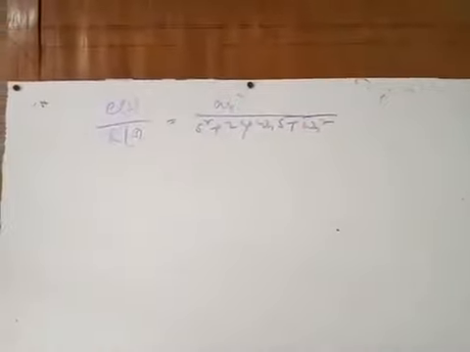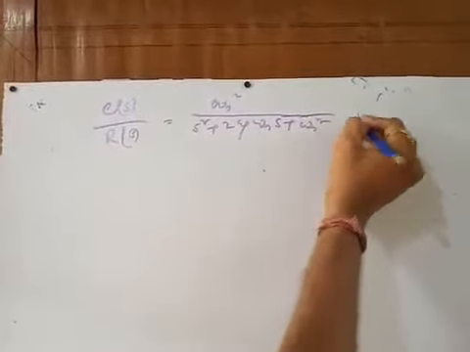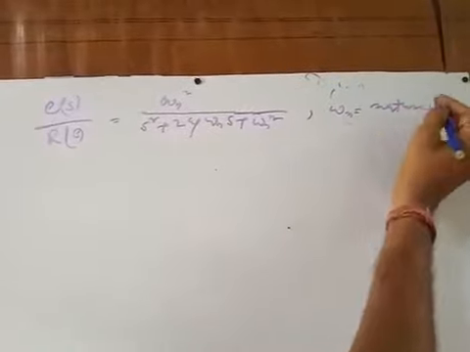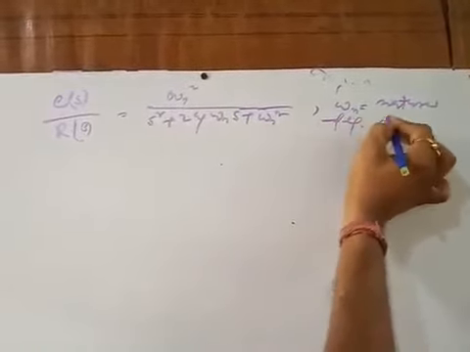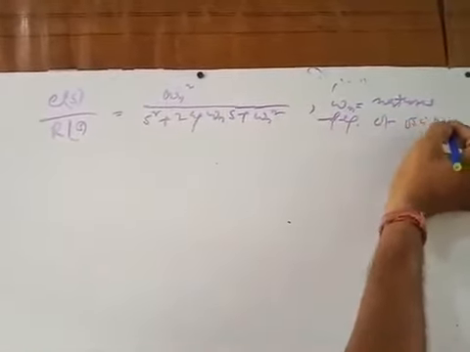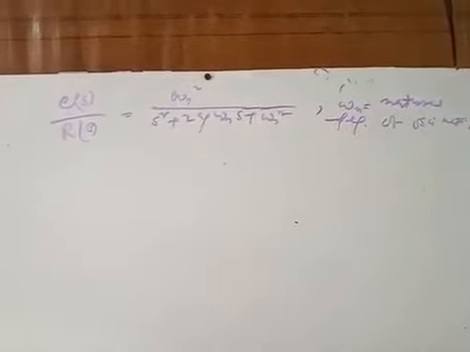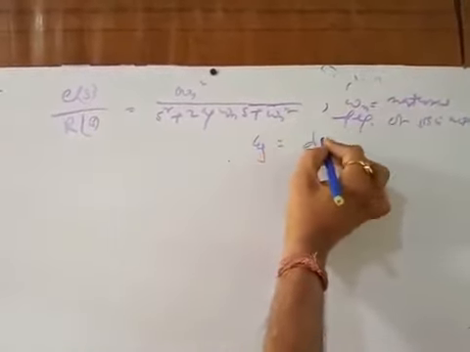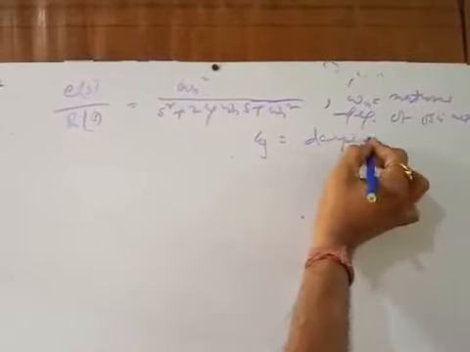So what is this omega n? This omega n is known as the natural frequency of oscillation, right? And this xi is known as the damping factor.